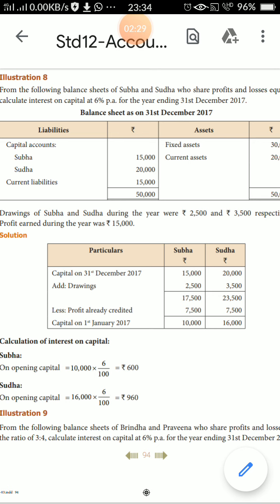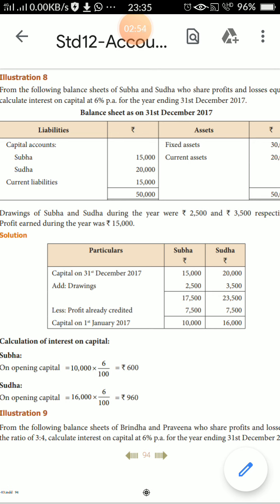That was for a single person, but this lesson is for two persons. It is the statement of a year plus interest on capital. This method is important for five mark sums, students. Everybody, understand it and be thorough with this chapter.